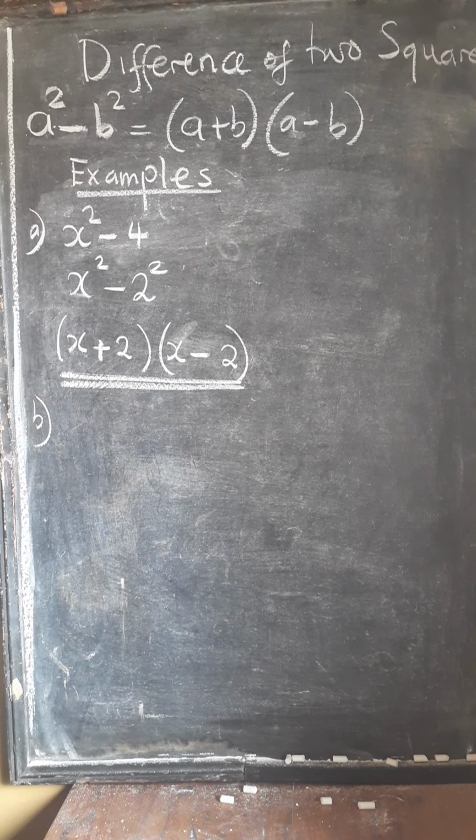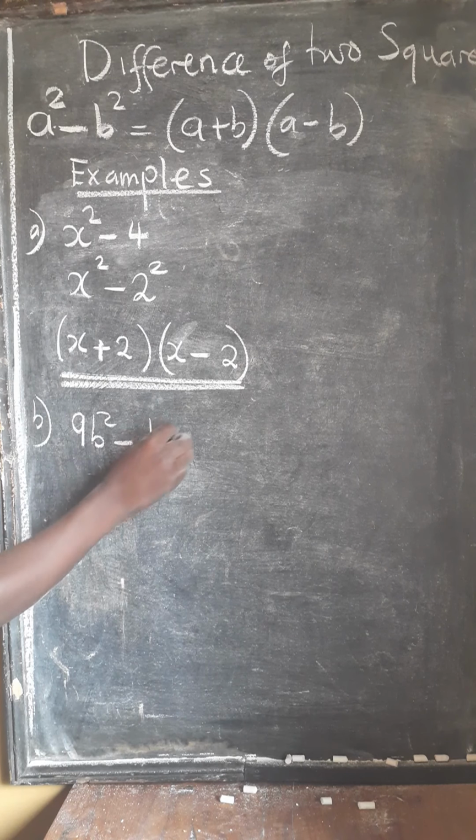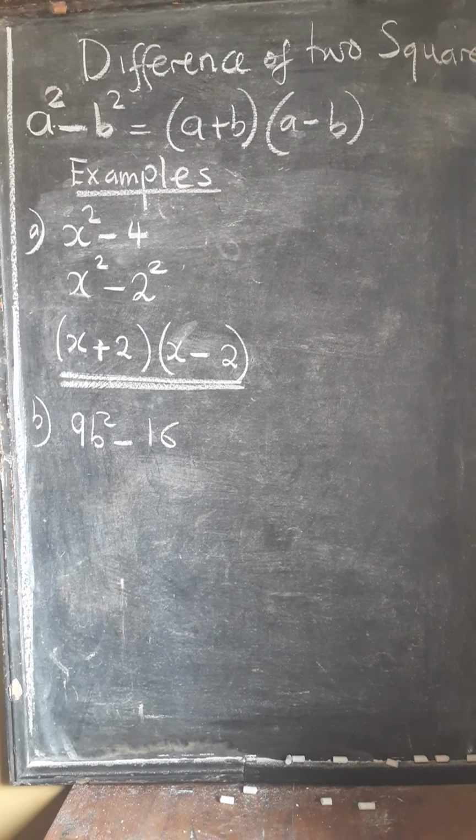So, if we look at b, we are going to have 9b squared minus 16. Alright? Factorize.